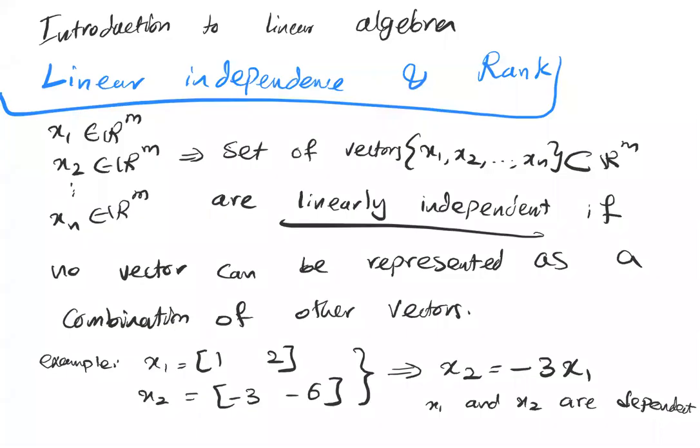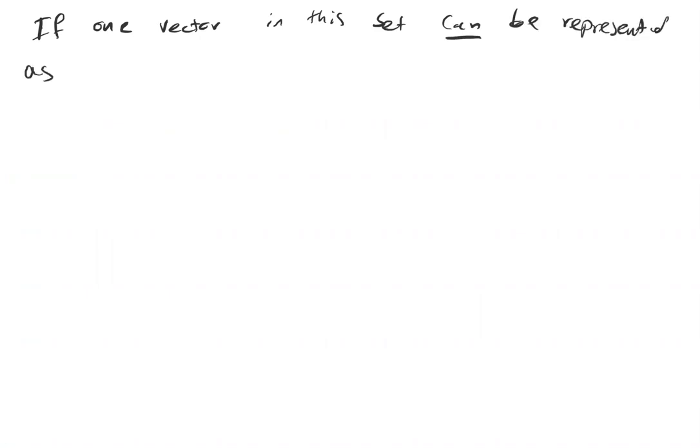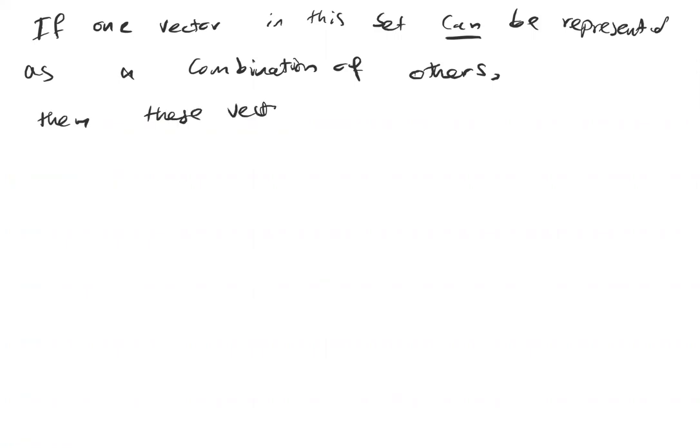That brings us to the second definition. If one vector in this set can be represented as a combination of other vectors, then these vectors are linearly dependent.